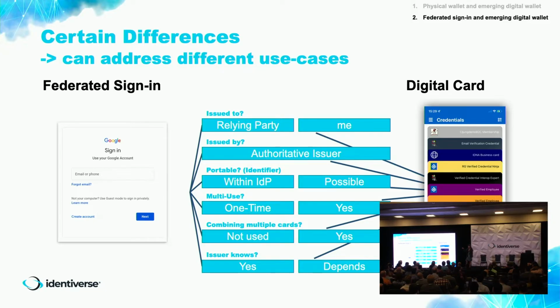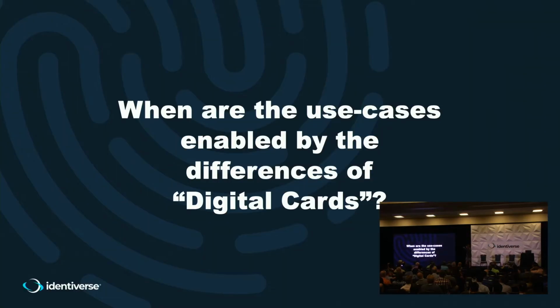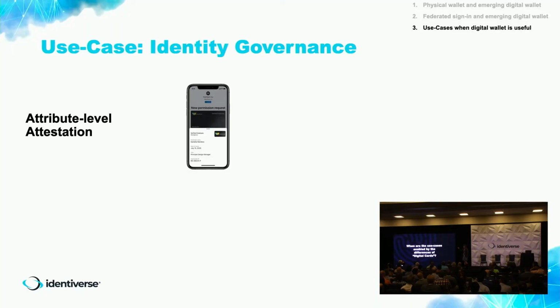And where there are differences, it means this new model, which introduced these differences, has the potential to meet new use cases, right? So what are these differences that could be enabled by using these digital cards? So one, attribute level attestation.